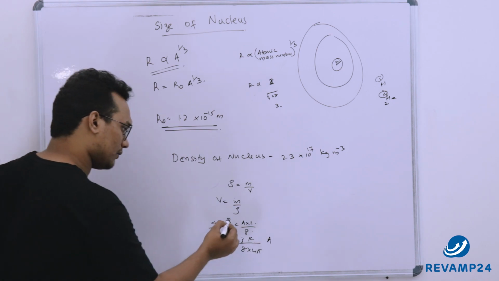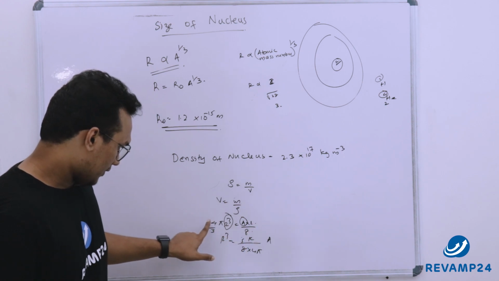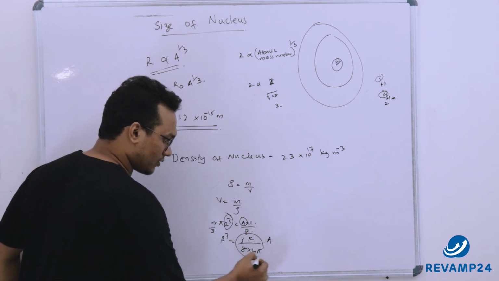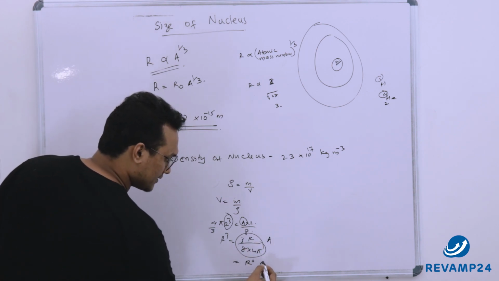So here the only variables we have are r and a. All of 3 into k divided by 4 pi are constant, so this constant I am going to represent as r0 cube, and this is a.